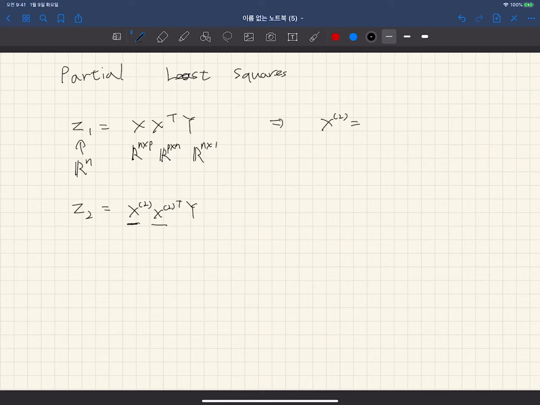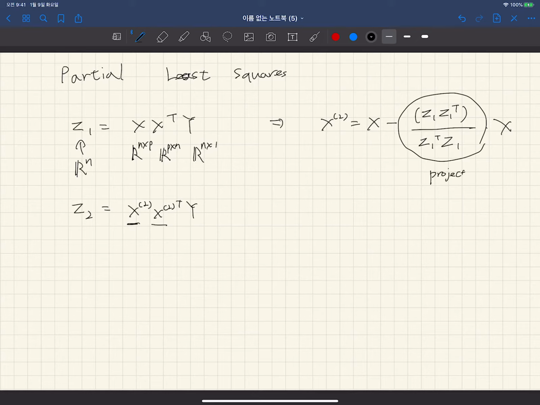X2 is equal to X minus G1 G1 transpose over G1 transpose G1 times the X matrix. What is the meaning of this? This is a projection matrix, projecting onto the one-dimensional space defined by the direction of the G1 vector.